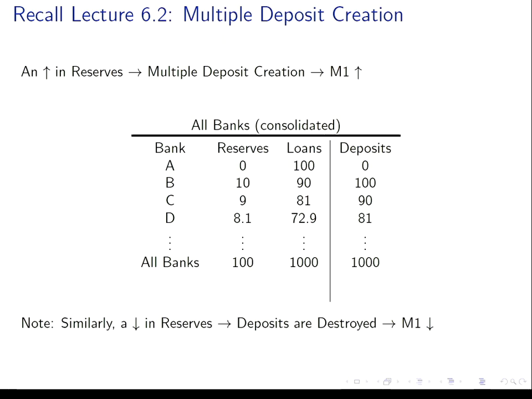So non-borrowed reserves and borrowed reserves essentially is the concept of supply of reserves. How does the central bank supply reserves to the banking system? Two ways. One is non-borrowed reserves. You can influence non-borrowed reserves through open market operations. So this is precisely what we are doing here. The central bank is increasing the non-borrowed component of reserves.